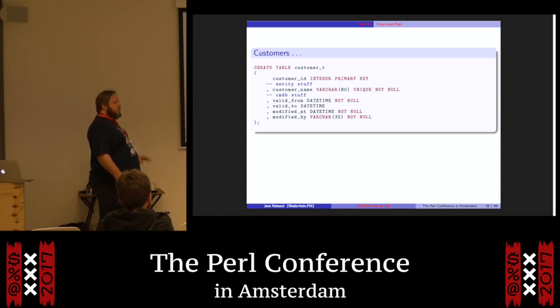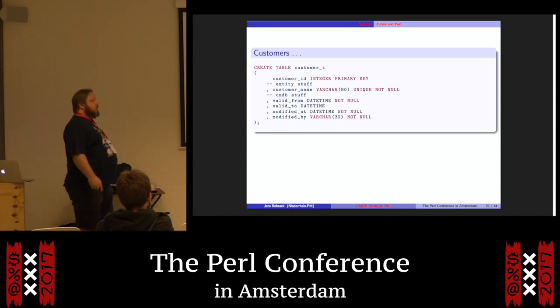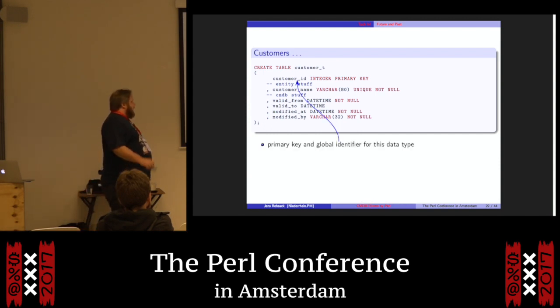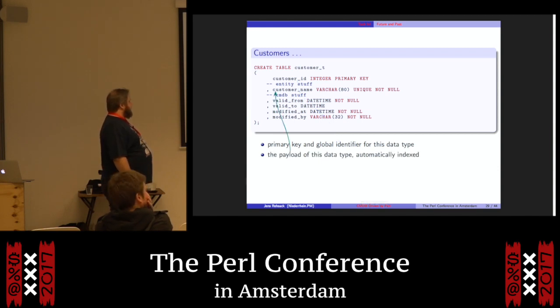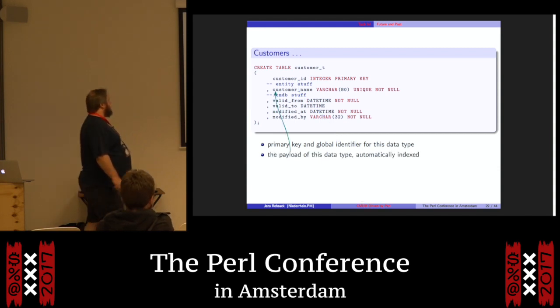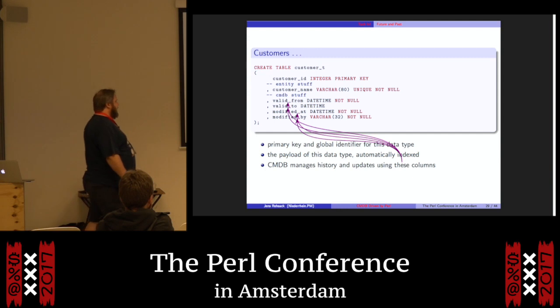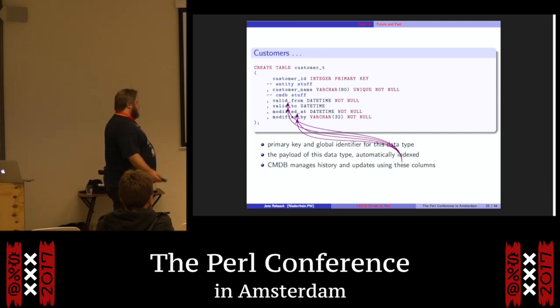It's a very simplified model of how a customer could look. Every table has a global identifier, has a payload, and always the same columns to let the CMDB manage the history and the future and responsibilities.